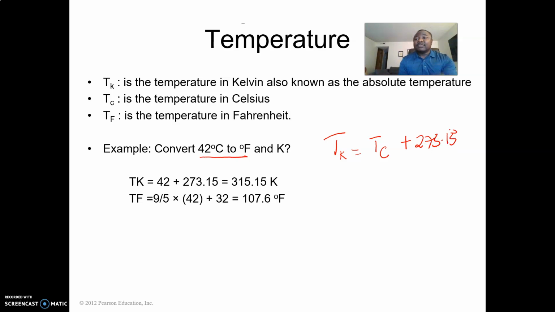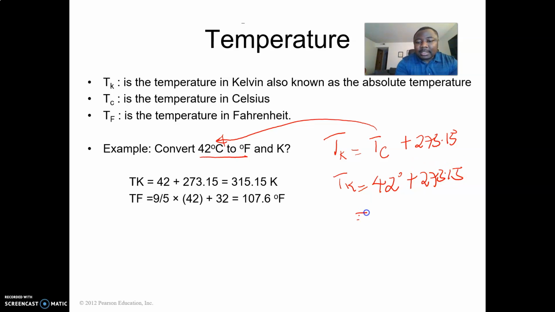Now let's first use this formula. They have given us a temperature in Celsius, so if we want the temperature in Kelvin, it will be 42 plus 273.15, and that gives us 315.15 Kelvin. So that's our answer in Kelvin.